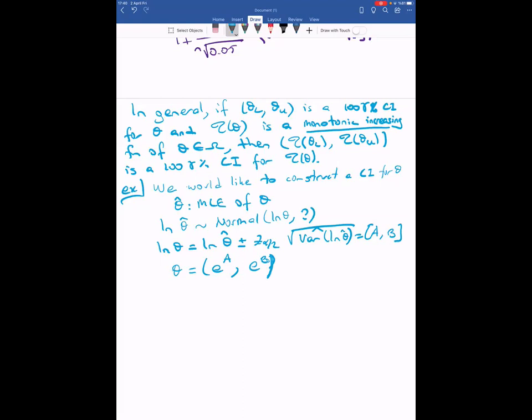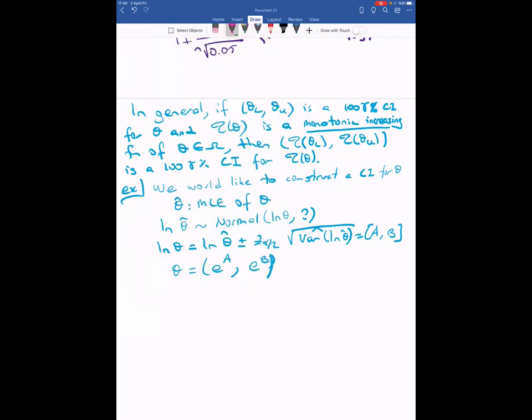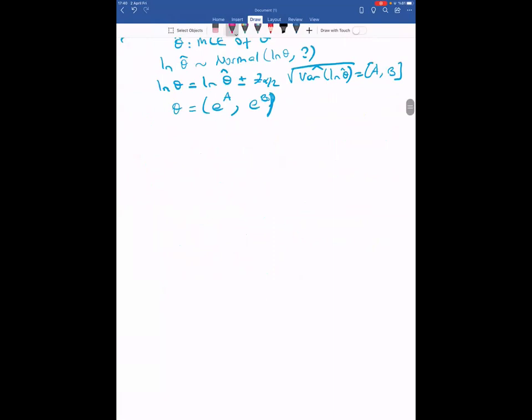Okay, so let's use a different approach to define a pivotal quantity. Now we will use the distribution function method, and actually here we will use the probability integral transformation. I believe you learned this in the probability course under the transformation section.